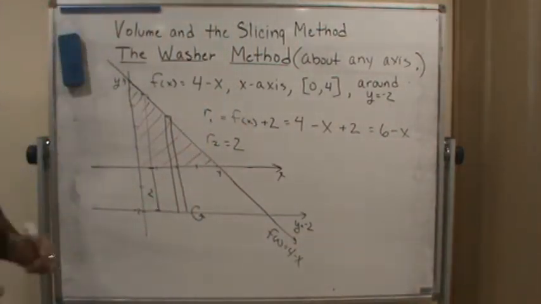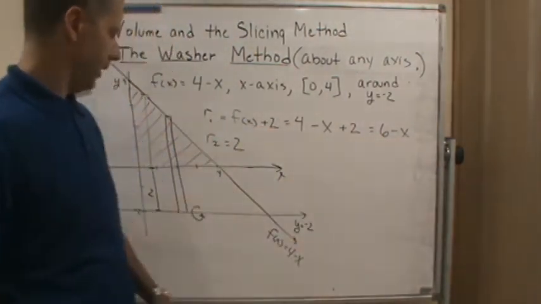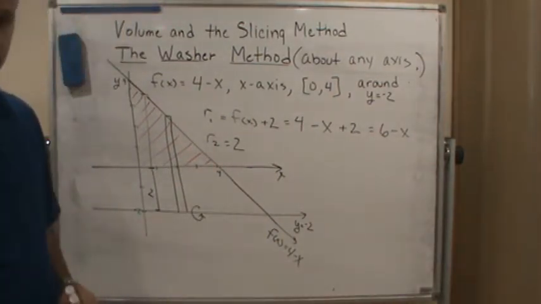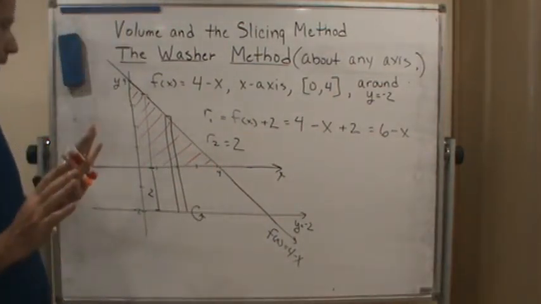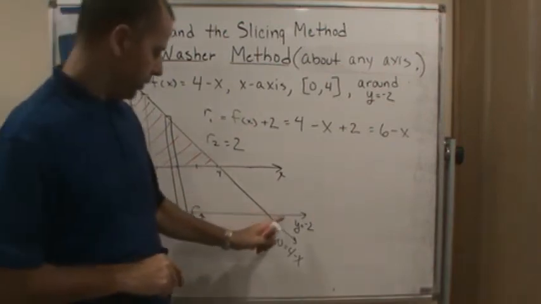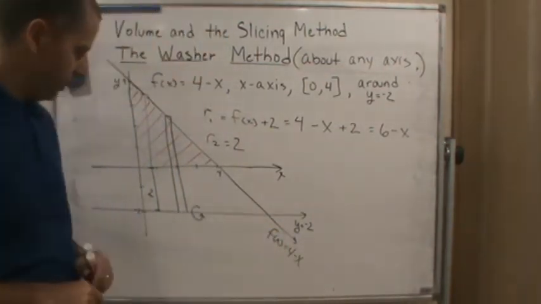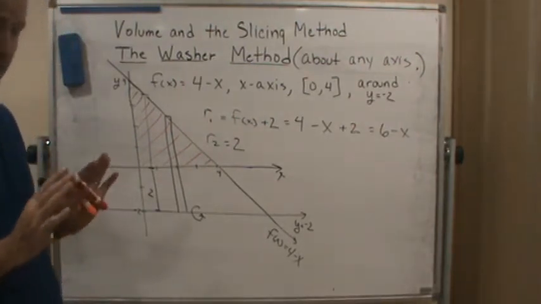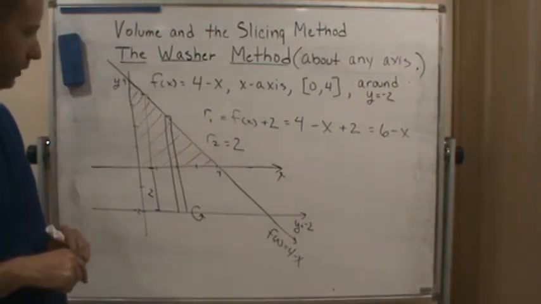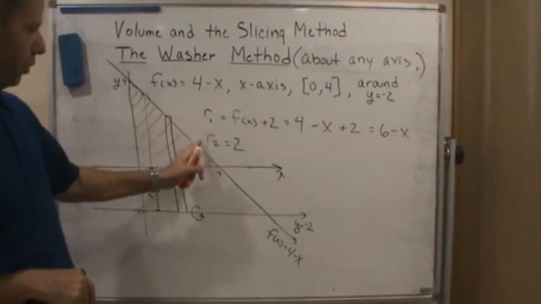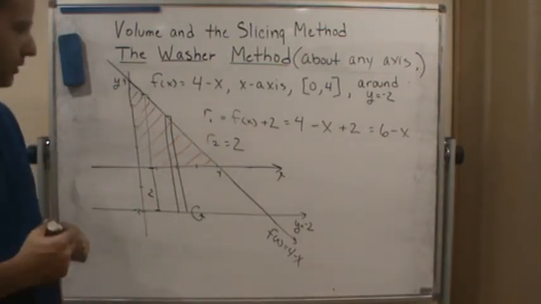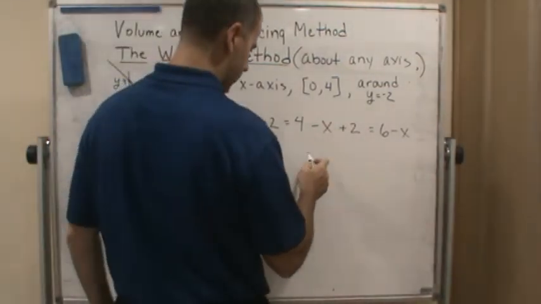So our two radii are now a little different: radius 1 is this, radius 2 is this. Now when we do our formula, it's going to look like this.